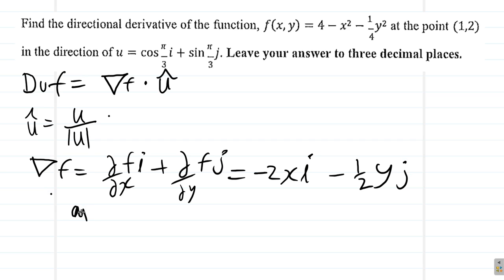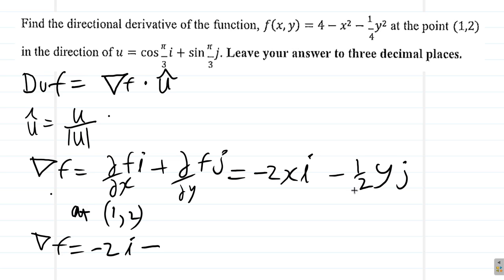Now at the point (1, 2), the gradient of f, when x is 1, is negative 2i, because it's negative 2 by 1 i, minus, at this point y is 2, so it's half by 2.